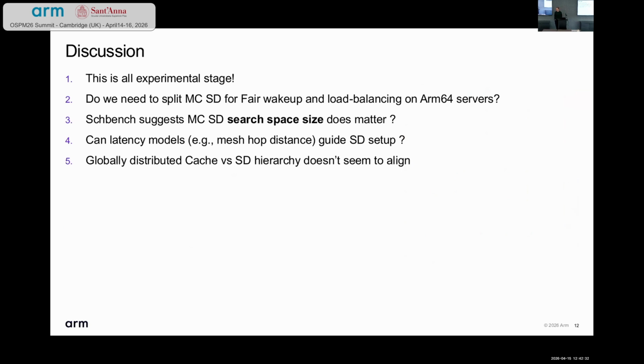So yeah, the search space. 16 to 24 might be nice, but there are definitely workloads that spend more time looking for an idle CPU than other workloads. As with everything, it's a pain.